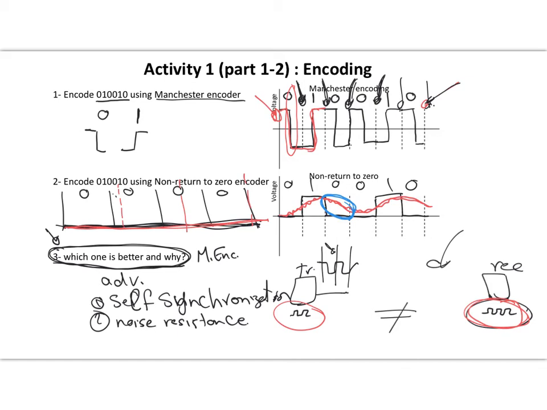In that case, the receiver might get confused. However, for the case of Manchester encoding, the noise might cause the signal to be received like this.